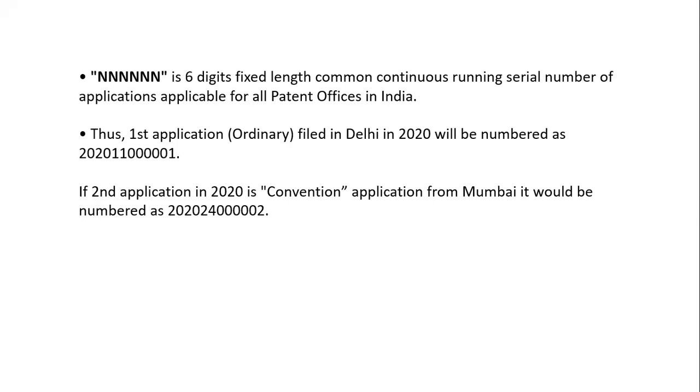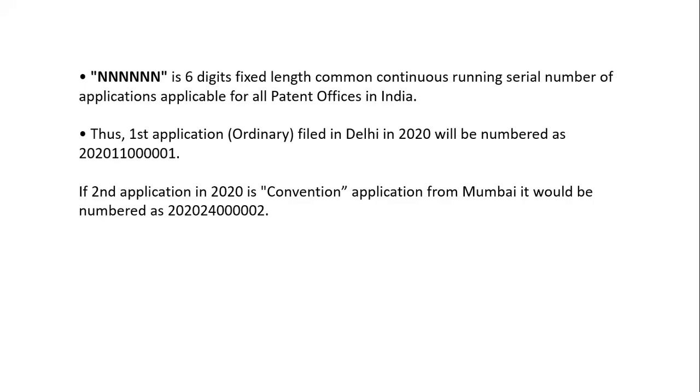So here is an example. If one ordinary application is filed in Delhi in 2020, what would be the number of that application? First is the year 2020, then the jurisdiction. 1 is the jurisdiction for Delhi.